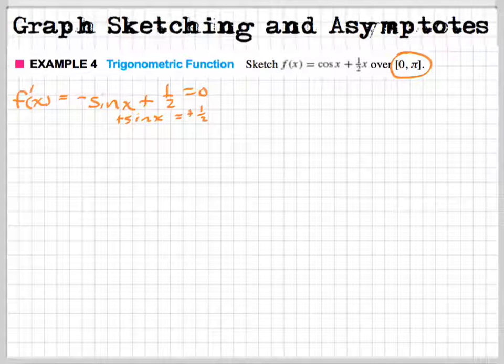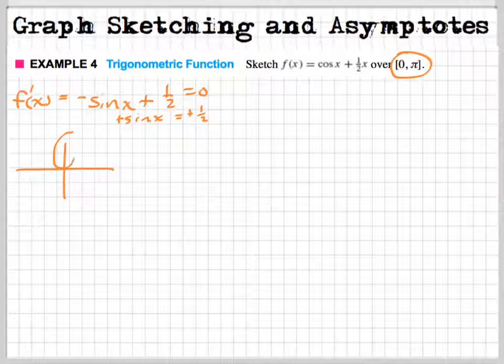So what values of x would give us a positive 1/2? Think back to trig, and sine is only positive where the y values are positive. So that's everywhere above the x-axis. So what are the angles in this interval right here that will give you 1/2 for sine?